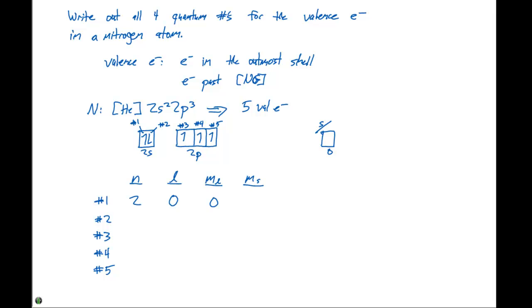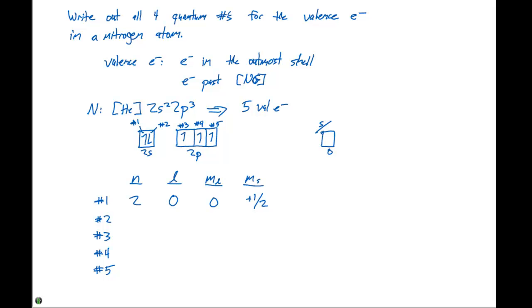And here we have a spin up electron, so it is going to give an m sub s value of plus 1/2.